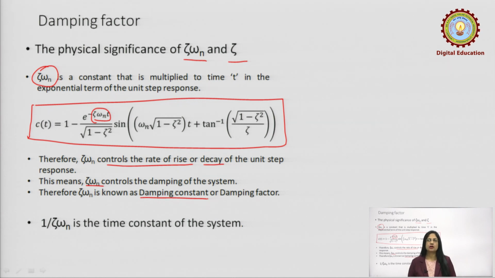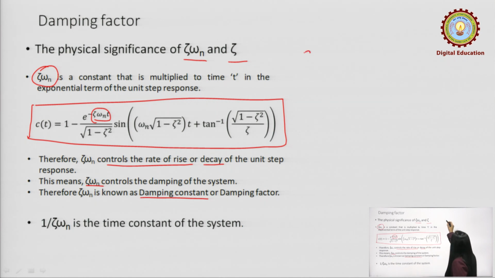Because it is a value which is multiplied to t in the exponential term, it is responsible for the damping of the system. It controls the decay or rise of the unit step response, and therefore, zeta omega n controls the damping of the system and is known as the damping constant or the damping factor.